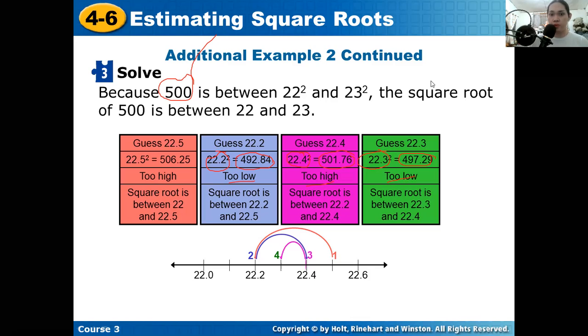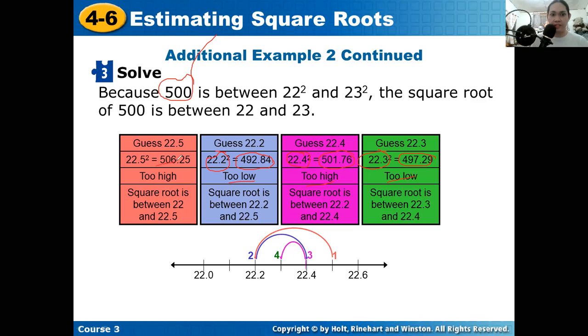So we will use 22.4 as one of our values, and also the other one, since we're looking for the interval, 22.3, because it's closer to 500. So again, your clue here is to try to find two values that are rather close to 500.